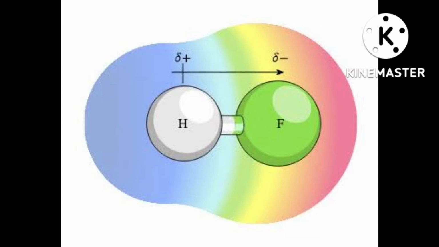Therefore, it is easier to remove the 2p electron from boron compared to the removal of a 2s electron from beryllium. Thus, boron has a smaller first ionization energy than beryllium.